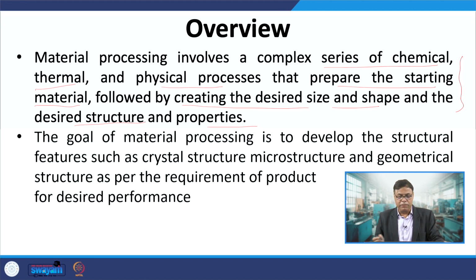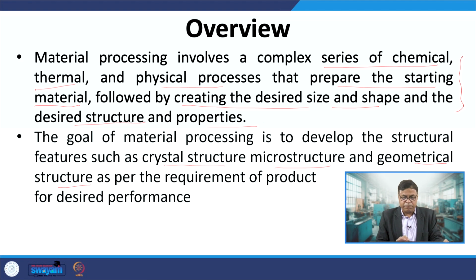It may involve a variety of chemical, thermal and physical processes to convert the raw material into the desired product, which has a suitable structure and combination of properties for the expected performance of the product during service. The goal of material processing is to develop structural features such as crystal structure, microstructure and geometrical features as per the requirement of the product.